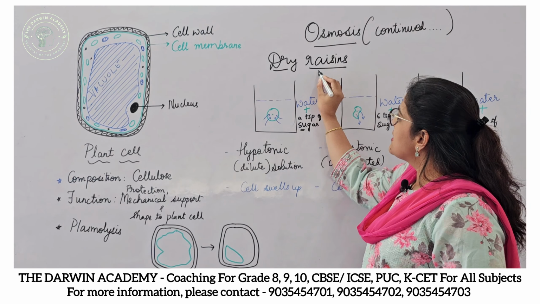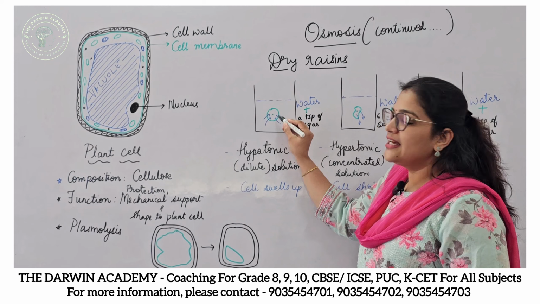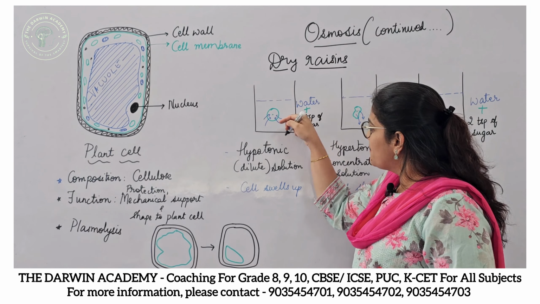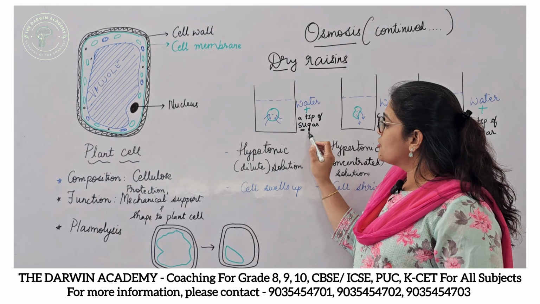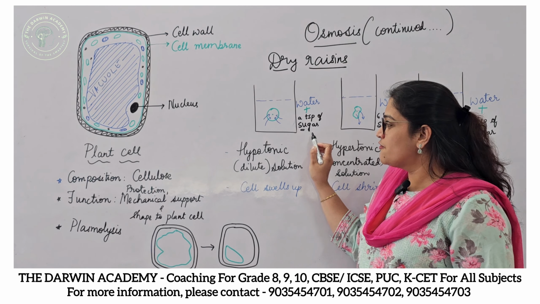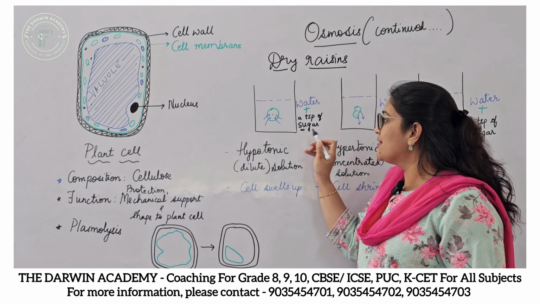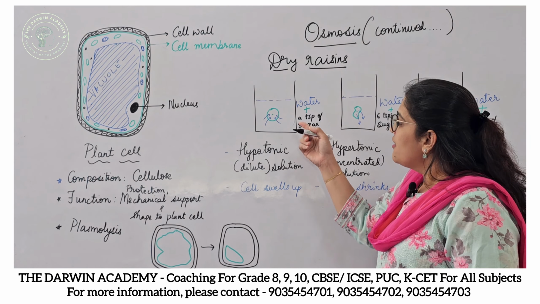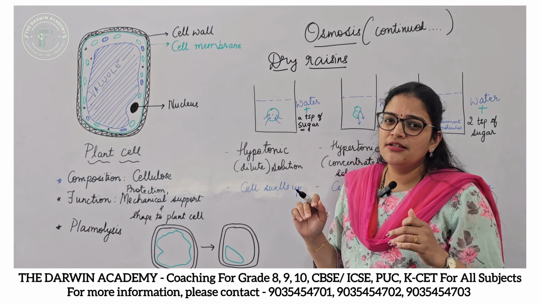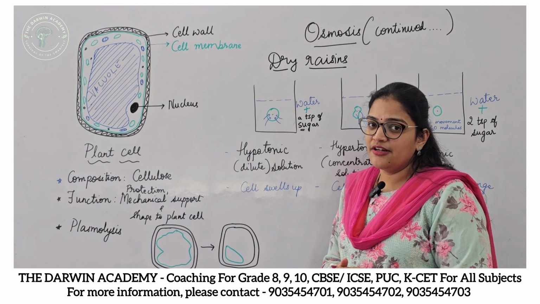If I place these raisins, this green color here would indicate the raisin for you, in the dilute sugar solution, you know that this solution will have more water molecules than sugar, isn't it? If I allow this setup to stand for a couple of hours, then what will I observe?